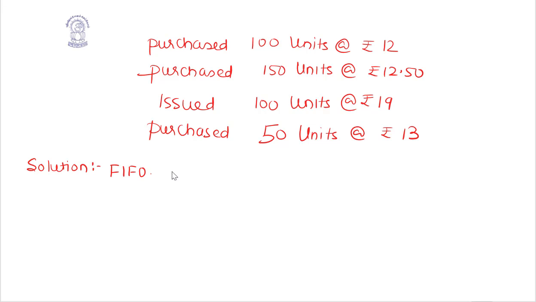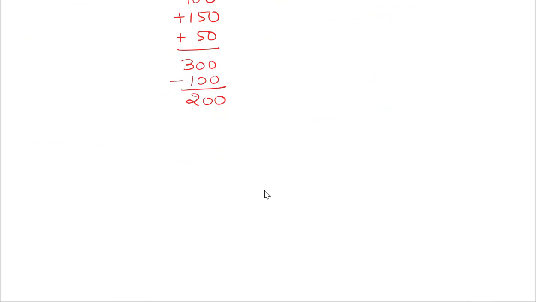First in, first out. So 100 units are purchased, then 150 are purchased, then 50 are purchased. Total is 300. From this 300, 100 is issued, so minus 100, remaining is 200.